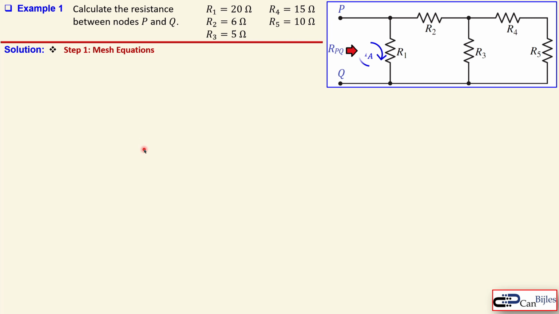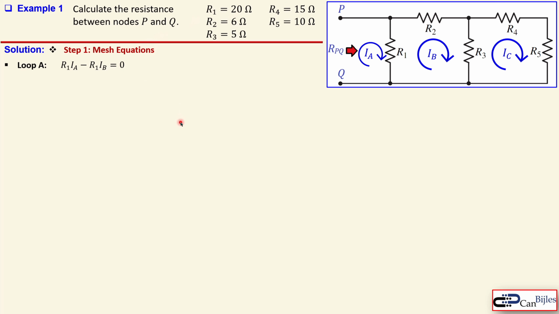Now for that we need to make loops. This is the first loop, IA, and we have another loop, IB, and there is another one, IC. So we have 3 loops. Now we will set up the equations here. The first one, loop A, will be R1 times this current IA, but then IB is fighting that direction of IA back, so it will be minus R1 times IB, equal to 0.